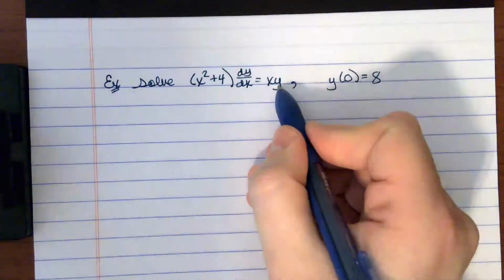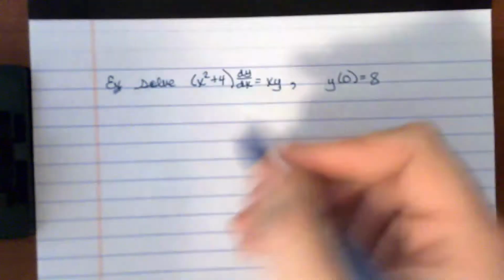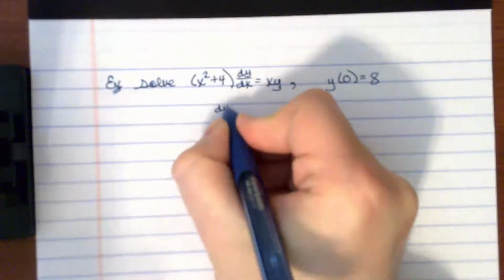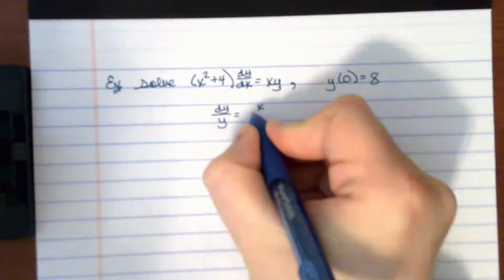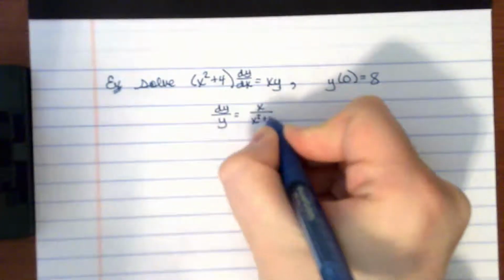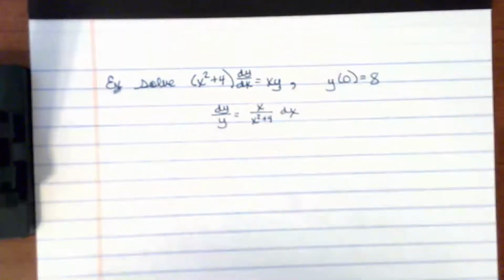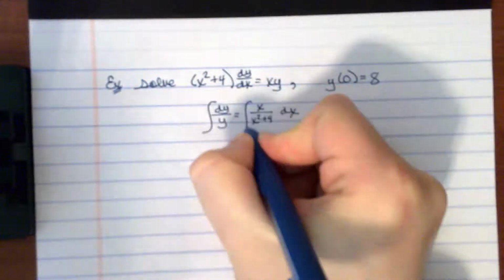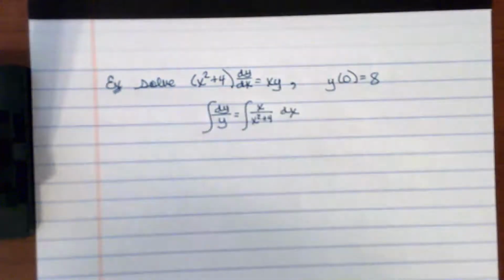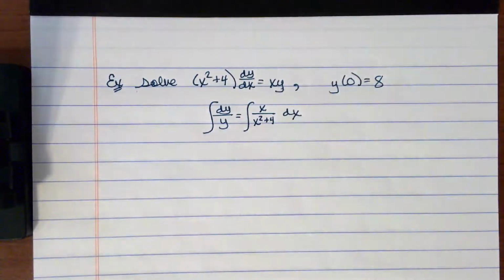I'm going to divide by y, multiply by dx, divide by x squared plus 4. I think I'm going to get dy over y equals x divided by x squared plus 4, multiplied by dx. That's my separation step. We're going to integrate. Okay, now it's a little better.